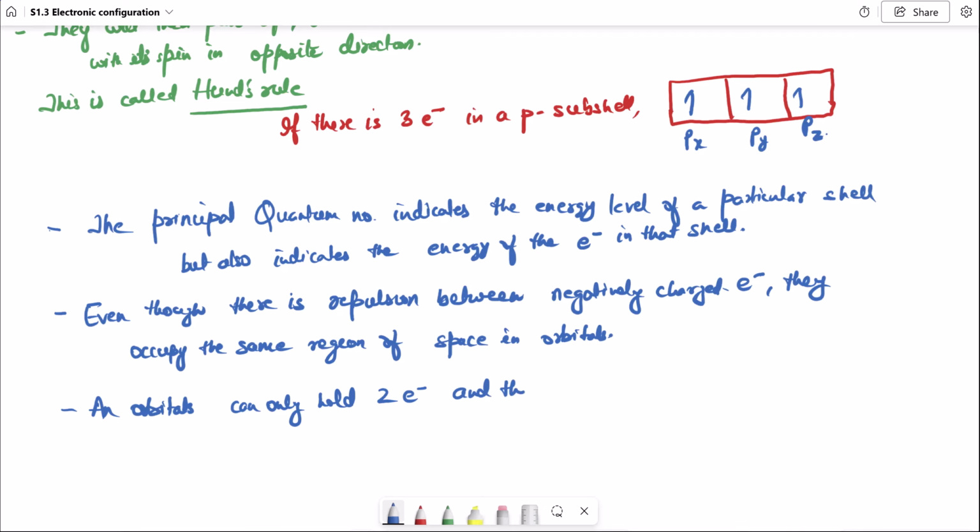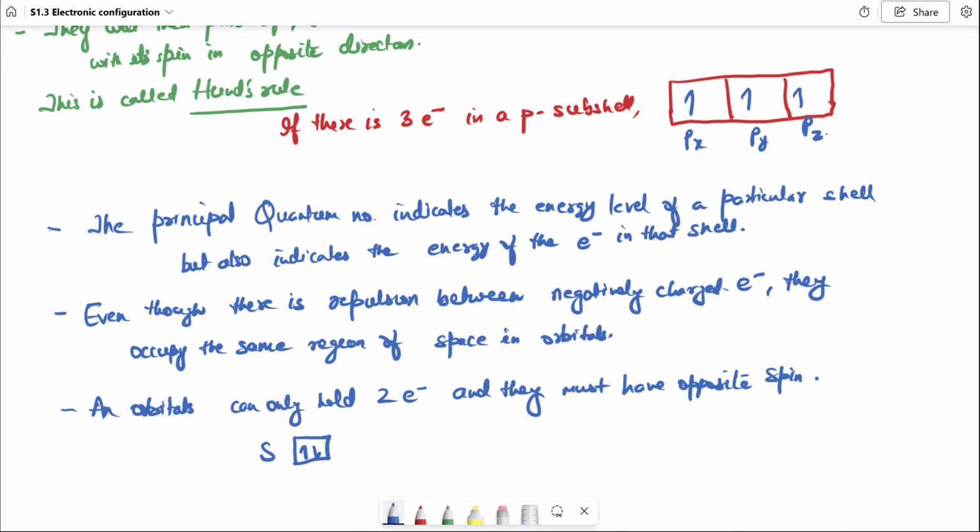and they must have opposite spin, like this. If this is one orbital, let's say this is S, so one electron will go clockwise, one will go anti-clockwise, right?